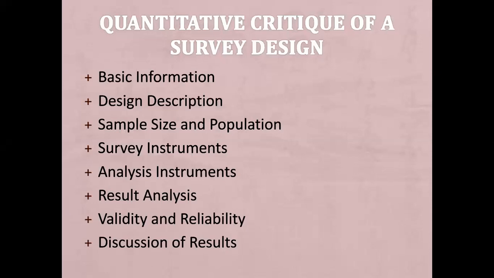How is their population appropriate for this study? Then we'll look at the survey instruments that could be used and how we analyze whether or not that was an appropriate instrument in the study. We look at if the article portrays a result analysis and whether or not they discuss those results, and whether we can determine if those results are valid and reliable.